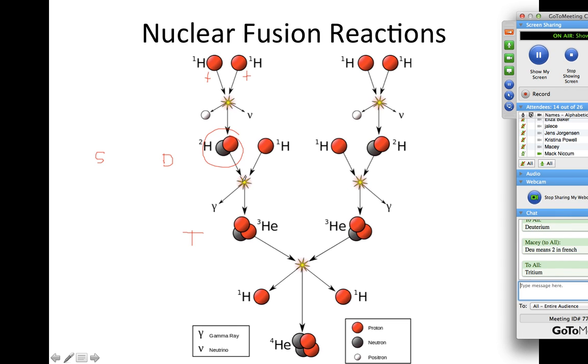And the energy differential is going to be expelled as a gamma ray. This gamma ray is the part of the reaction that gives out most of the energy, all right? It starts traveling in a random direction out of the core into the radiative zone for thousands of years, and then eventually it is able to escape.